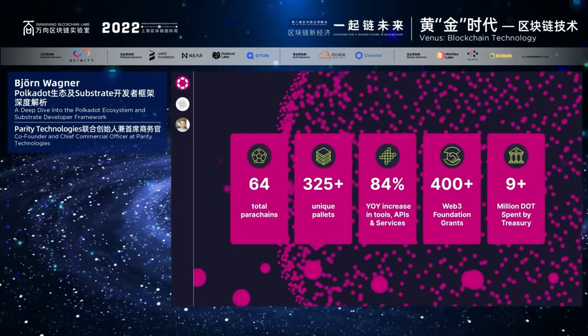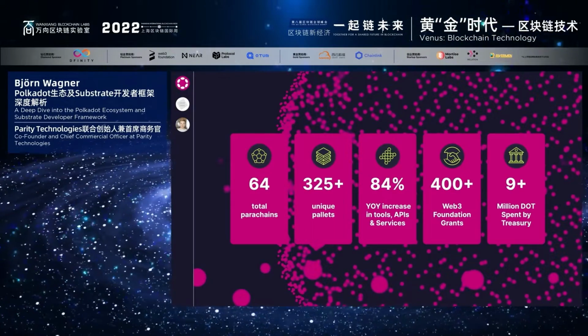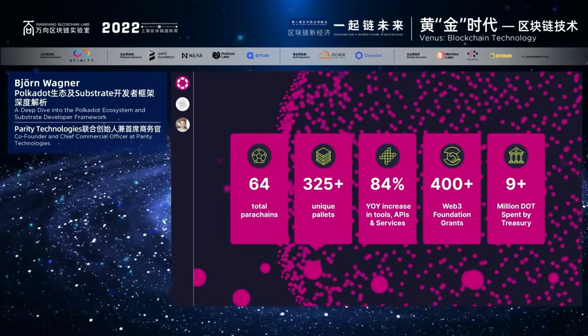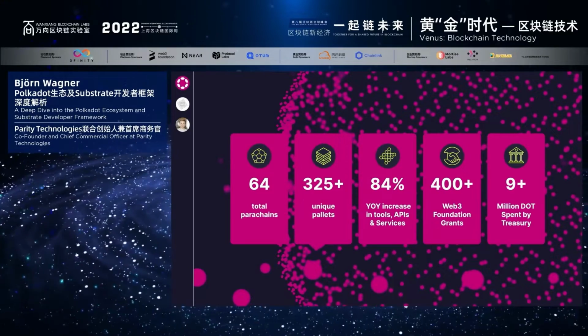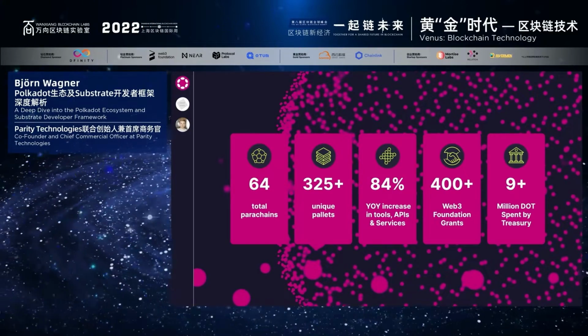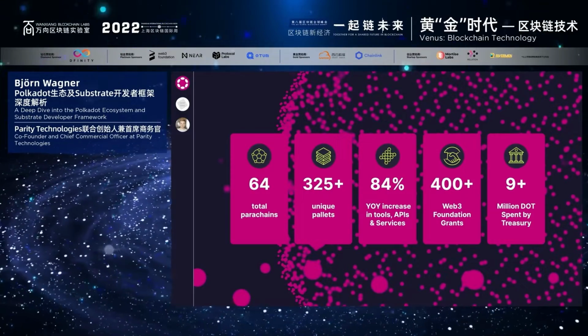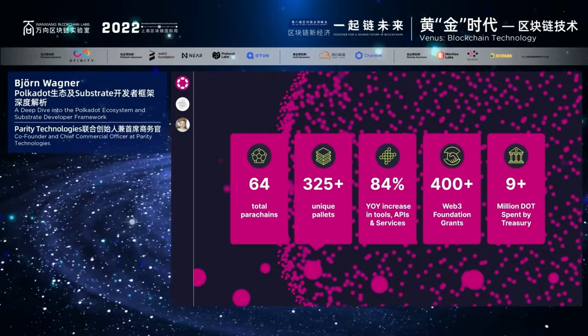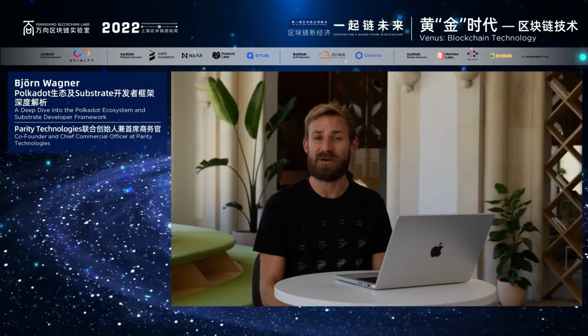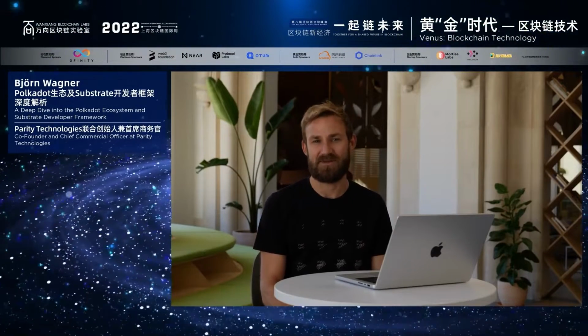These tools are crucial for making Polkadot effective and efficient to build with. In terms of support offered to ecosystem builders, recently Web3 Foundation surpassed 400 awarded grants, and over $9 million has been spent by Polkadot's very own on-chain treasury to fund projects that make Polkadot more powerful to build with.